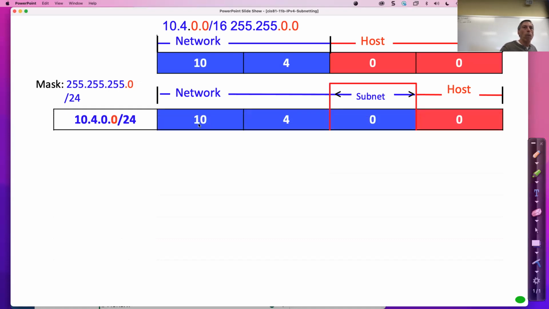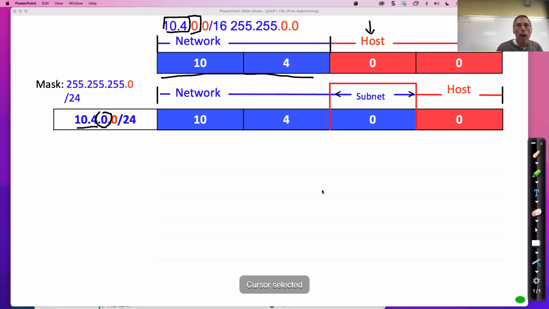All right, so what I'm going to do here is use this third octet. As before, I'm starting with 10.4, so I can't change that. But it's this third number here that I've modified. This third octet that I've extended is now part of our network.